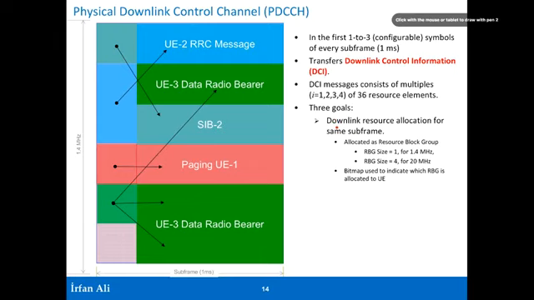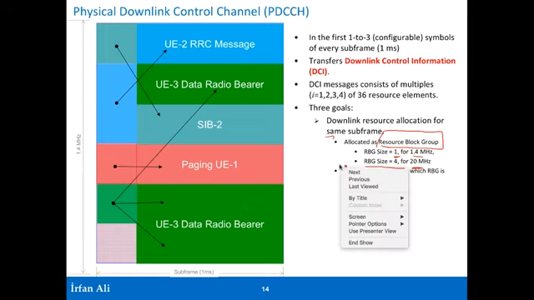The first one is it provides downlink resource allocation for the same subframe, and the resources that are allocated are allocated in resource block group, the RBG as it is called, and the resource block group is the minimum number of resource blocks that can be allocated to the UE. For 1.4 megahertz, that minimum is 1, and for 20 megahertz, the minimum resource block group is 4. So you can have at the minimum 4 resource block groups that are allocated to the mobile.